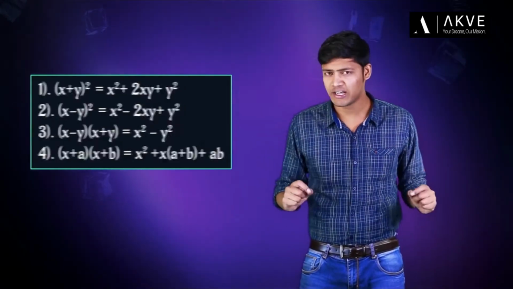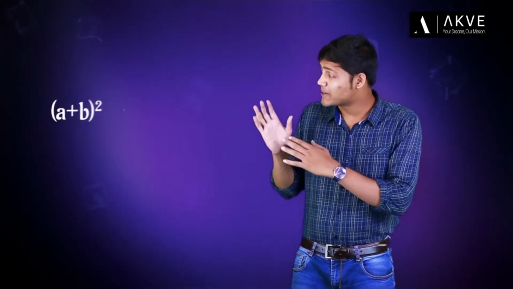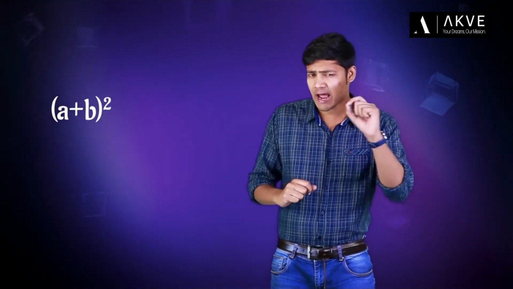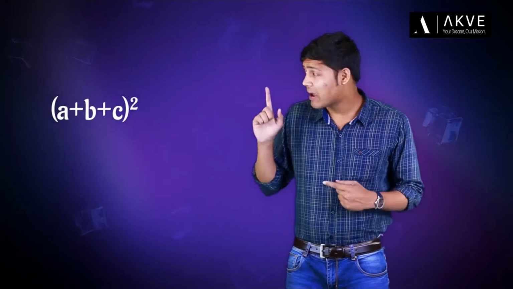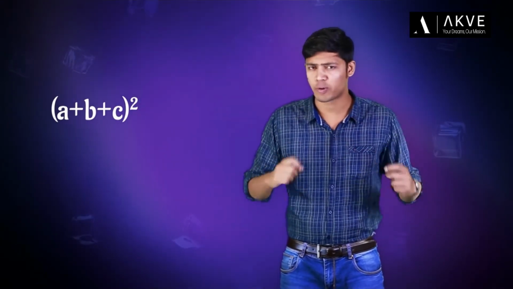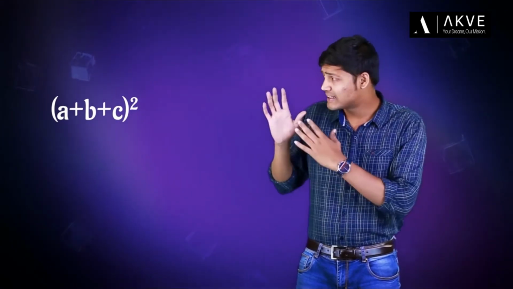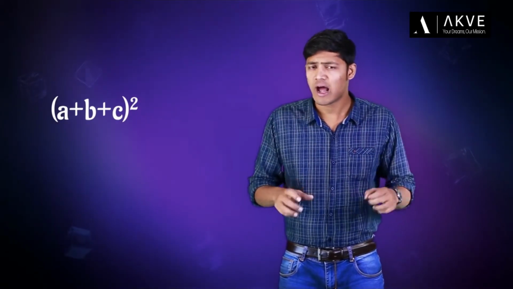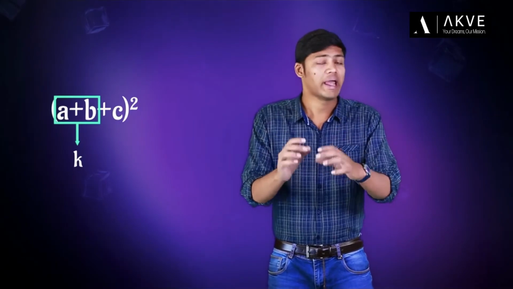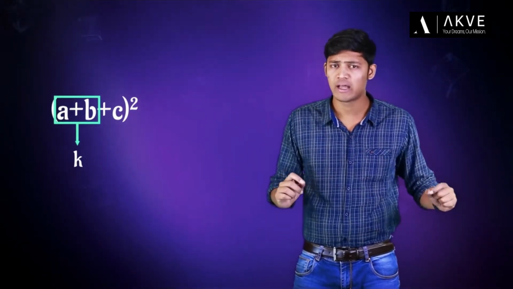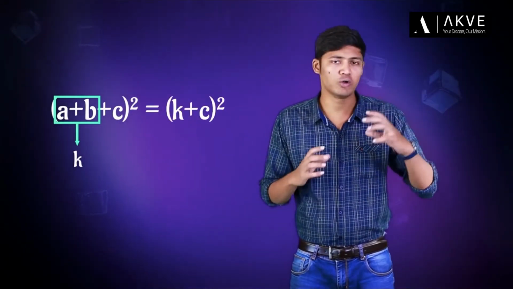For the first identity, I am going to consider (a + b)² and add another variable inside the brackets. That is, (a + b + c)². To find what this expression results in, let's say a + b is equal to k. So, (a + b + c)² is equal to (k + c)².